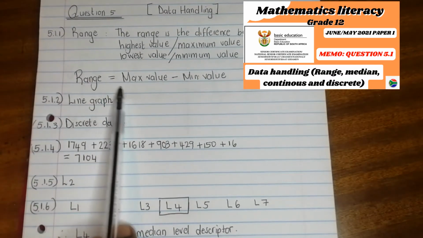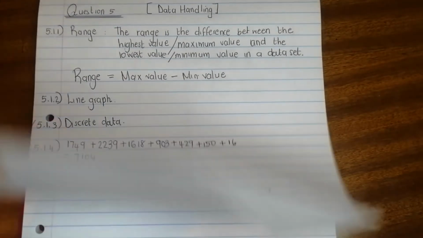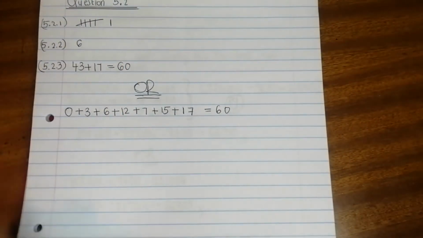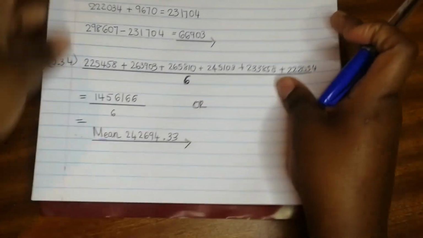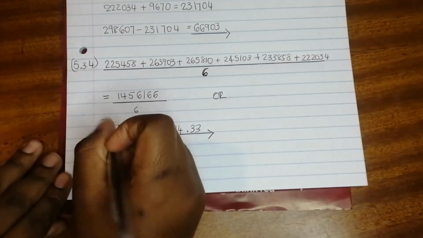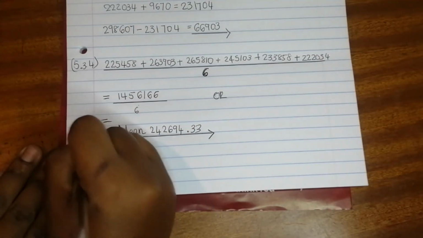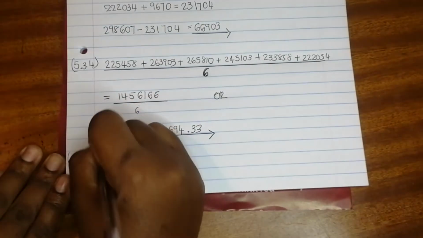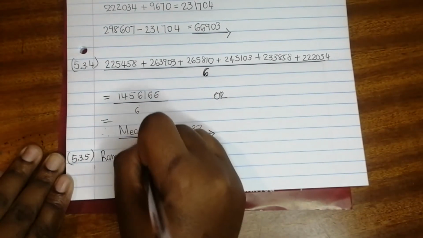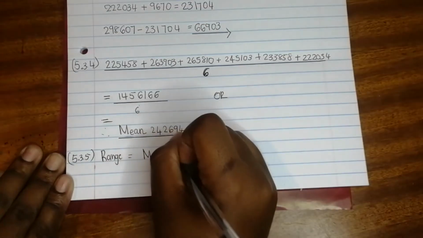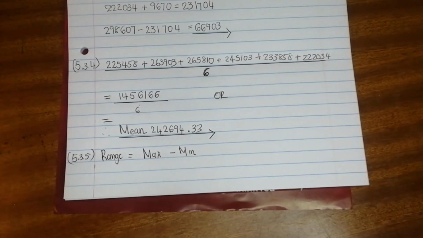And then we said that the range is equal to the maximum value minus the minimum value, right? So we're going to write that down here. Okay, so this is 5.3.5, right? The range is equal to the maximum value minus the minimum value, right?